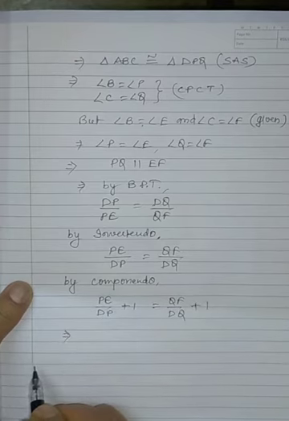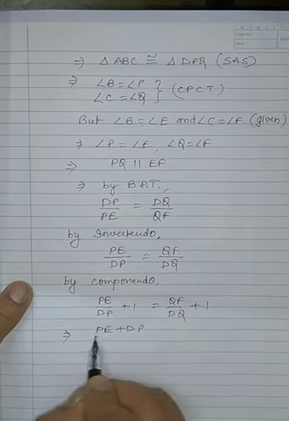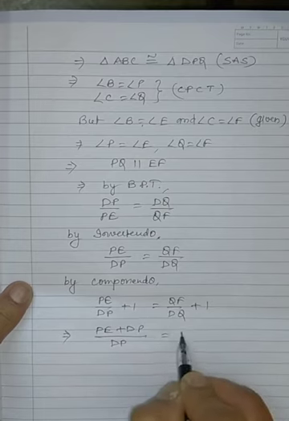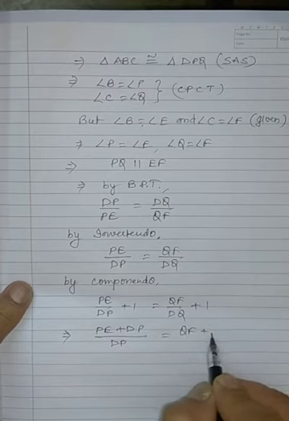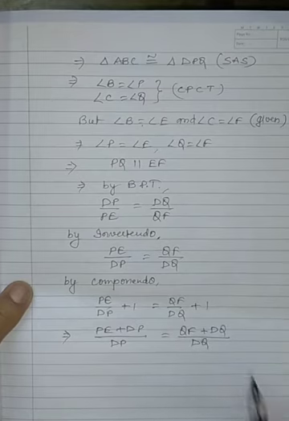This implies that PE plus DP upon DP is equal to QF plus DQ upon DQ.